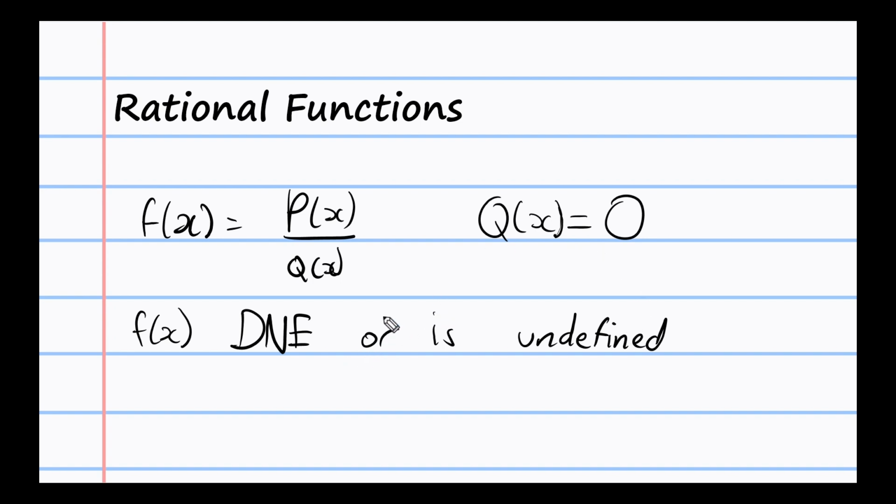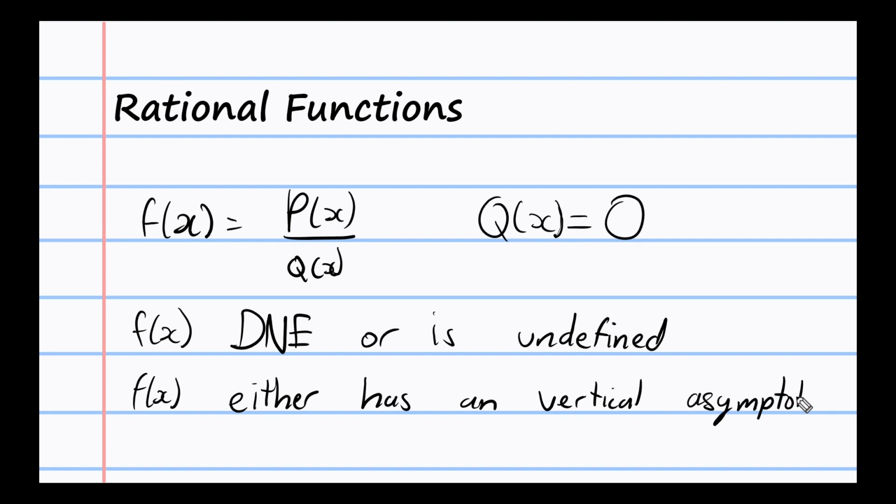As such, when q of x is 0, the function can behave one of two ways. The function f of x can either have an asymptote, a vertical asymptote, or a hole when q of x equals 0.